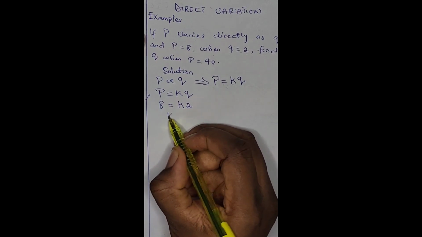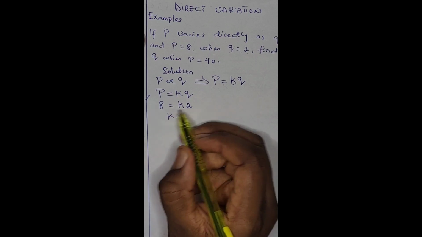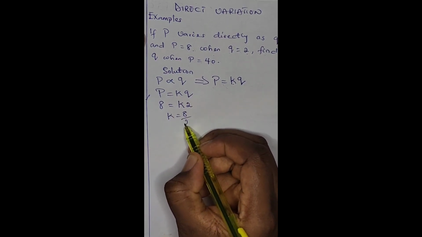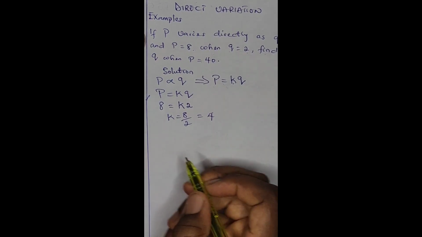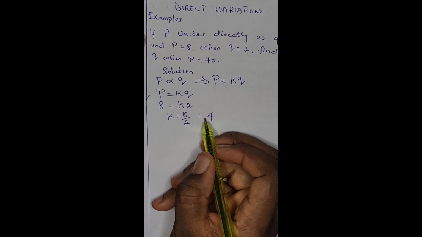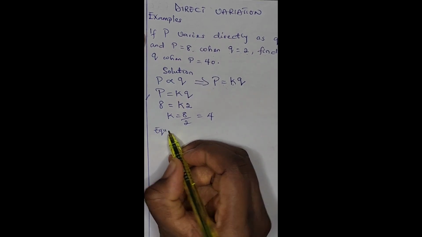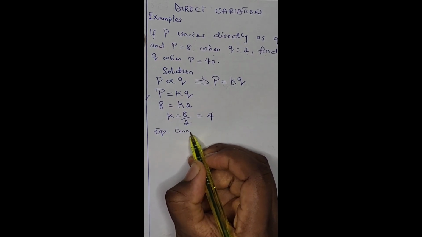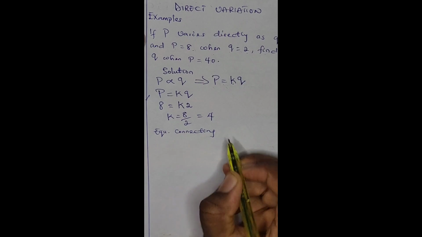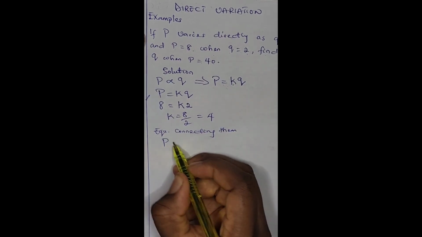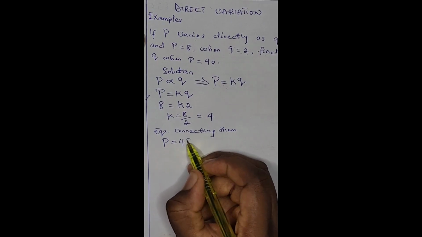This will now give us K equals, dividing both sides by the coefficient of K, which is 2, we have 8 over 2 equal to 4. So we've gotten our K, our constant, as 4. So the equation connecting them is P equal to 4Q.